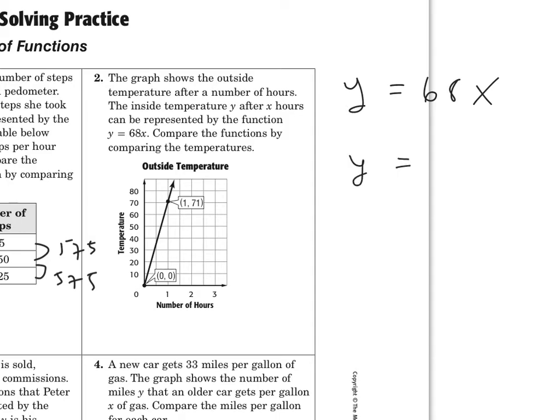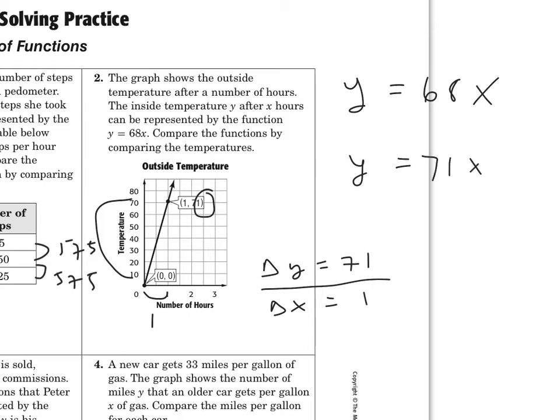They only gave us 1 data point. So the x changes 1, and the y changes from 0 to 71. Our change in y is 71, and our change in x is just 1. So our equation is 71x.